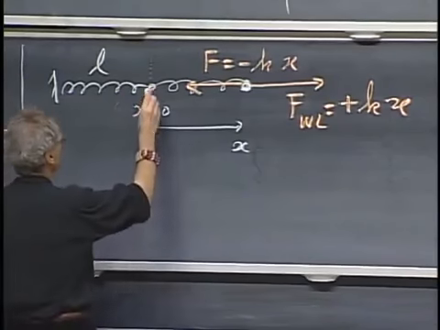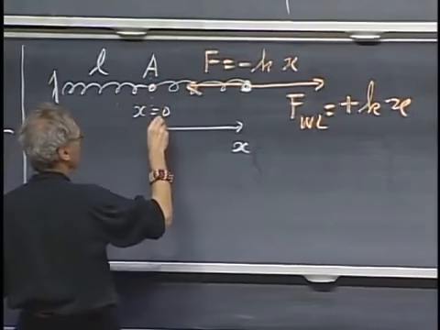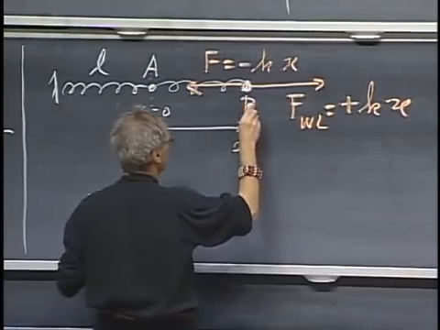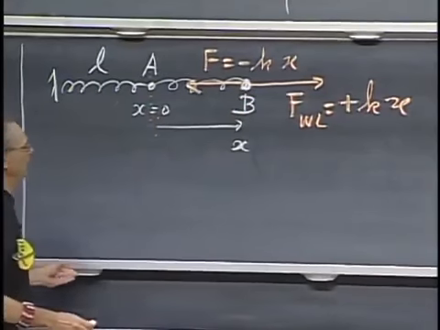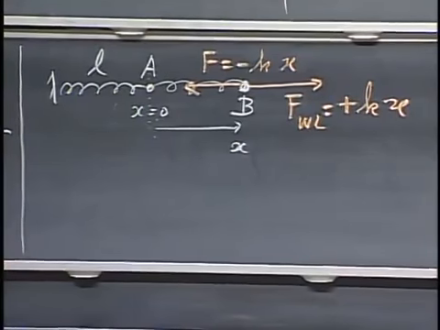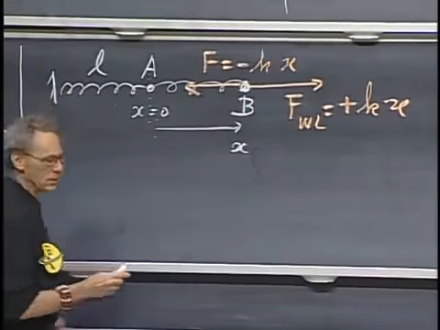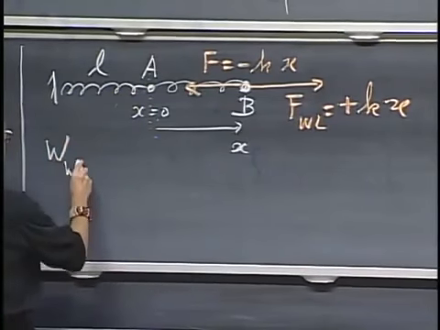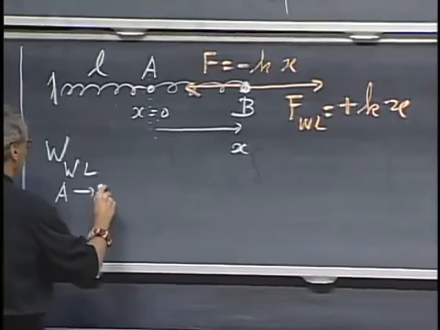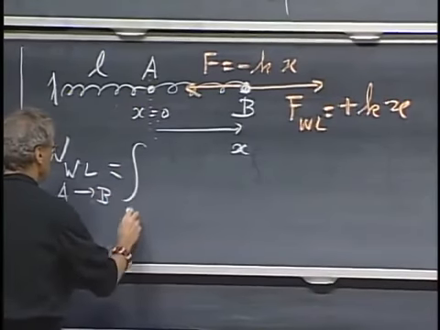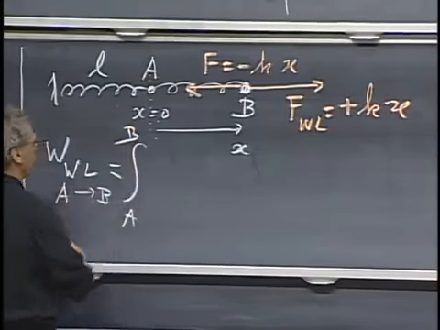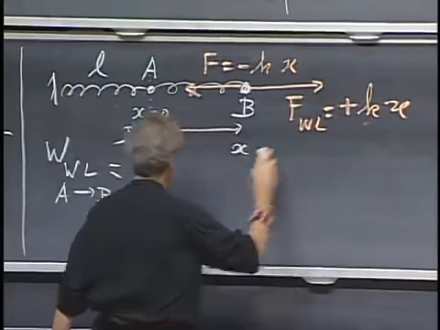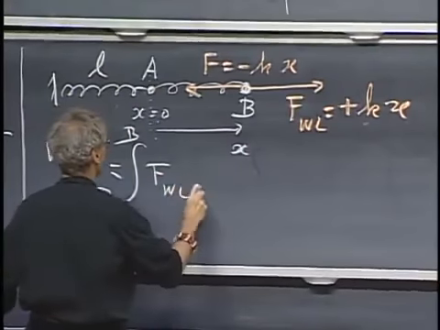If I call this point A at x equals 0, and I call this point B at x equals x, then I can calculate the work that I have to do to bring it from A to B. So the work that Walter Lewin has to do is the integral going from A to B of my force dx.